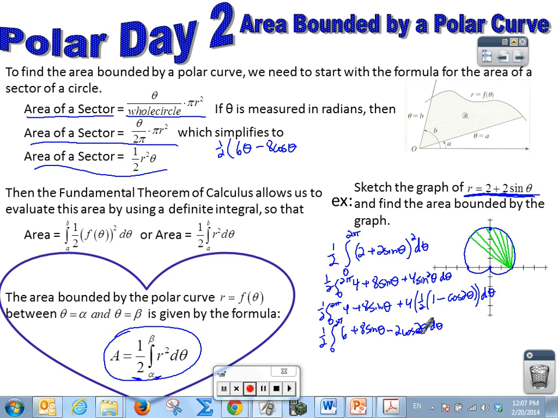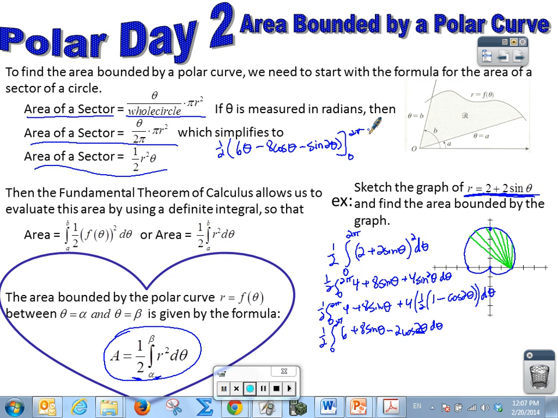Because I would say u equals 2 theta, du equals 2, and I have a 2 in there, but I could divide it out and give me a half. That's going to make this go away. So 2 times a half would be 1. So that leaves me negative sine 2 theta. And that we're going to integrate from 0 to 2 pi.